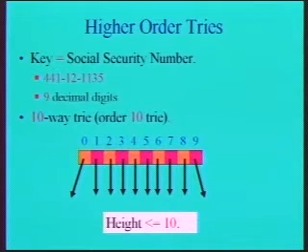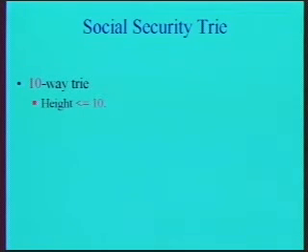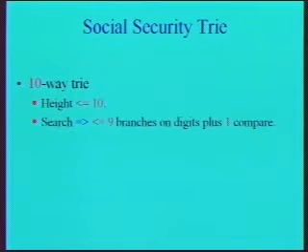So if we have a 10-way trie, the height could be as much as 10, which means you could have 9 levels of branch nodes for each of the 9 digits in our social security key, and then you have 1 level of element nodes.